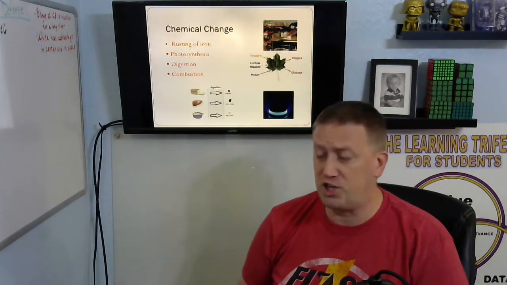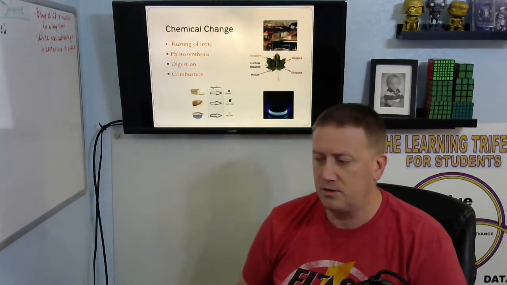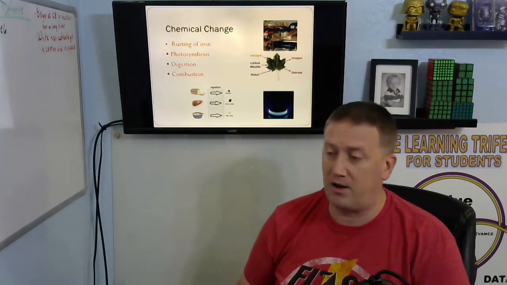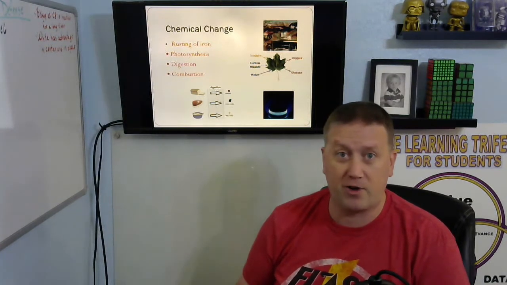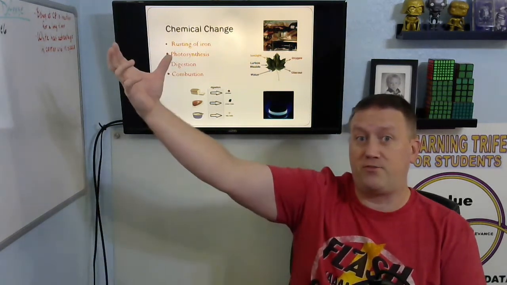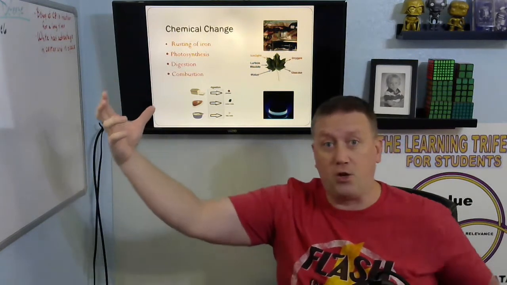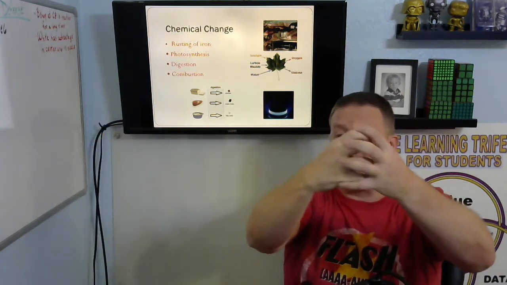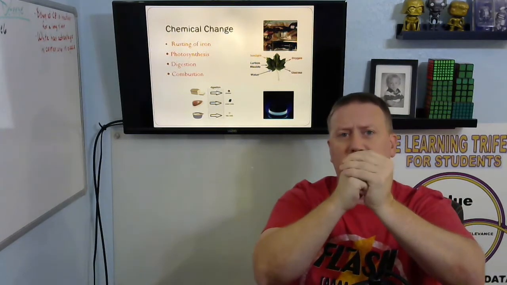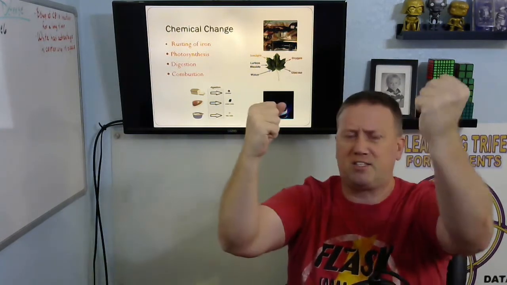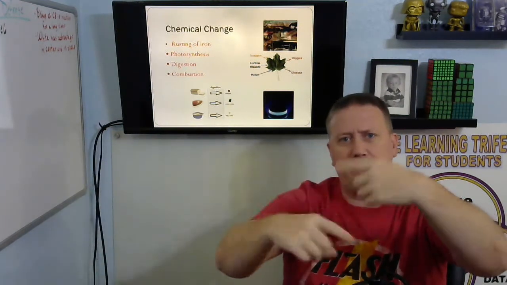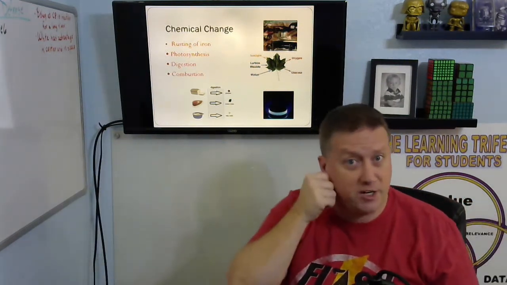Examples of chemical changes include rusting and photosynthesis. That's one of my favorites because I've got a big background in biology. You're taking carbon dioxide from the atmosphere, and you're taking water from the soil, which goes into the plant and up into the leaf. The process of photosynthesis takes those two things, carbon dioxide and water, through a series of chemical reactions using sunlight as energy.